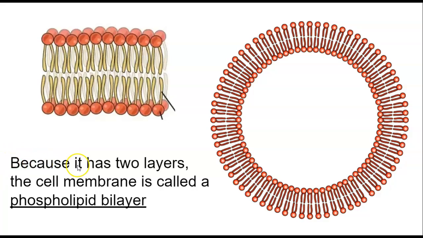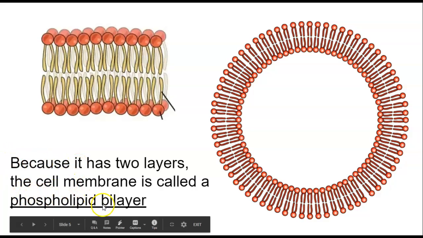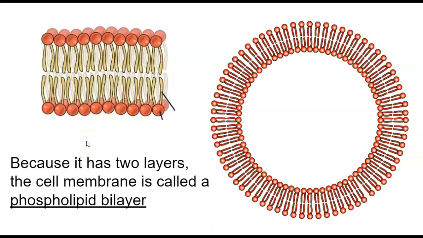So because it has two layers, the cell membrane is called a phospholipid bilayer. Bi means two. So two layers, right? Two layers of phospholipids. So you can go ahead and write this down if you haven't already. Remember, just go ahead and pause the video if you ever need extra time to write something down.